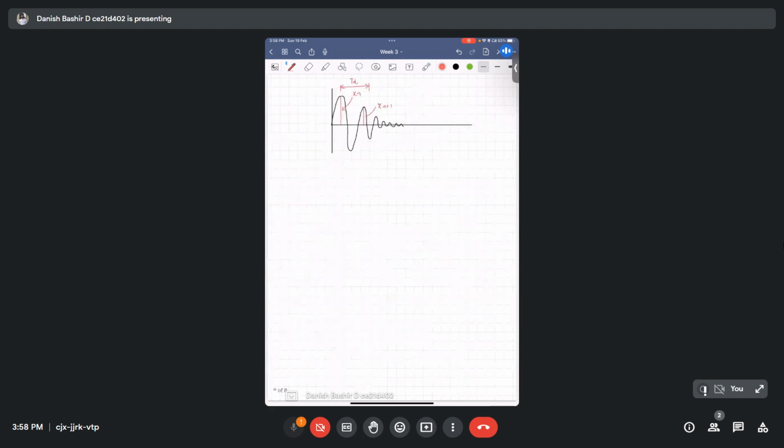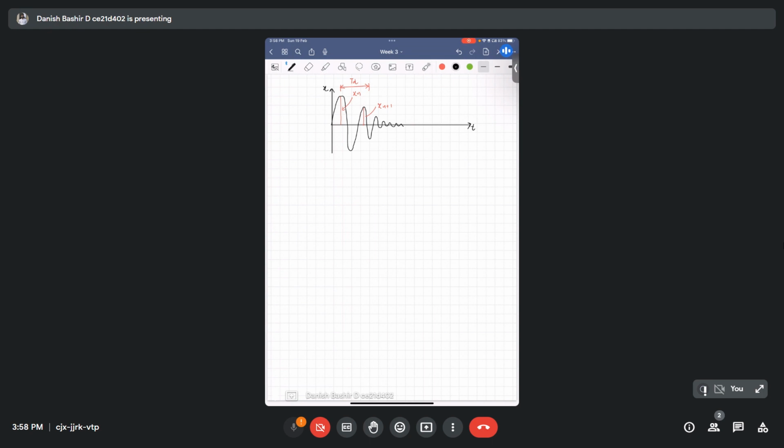So this is time versus displacement, that's x here.